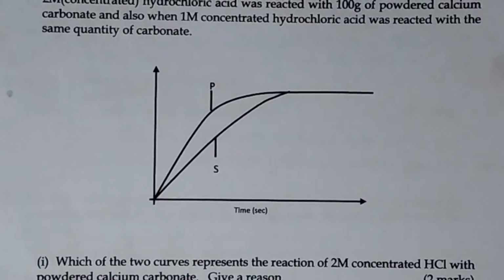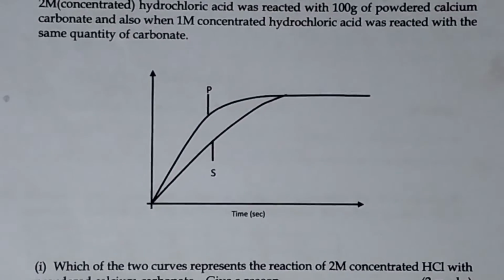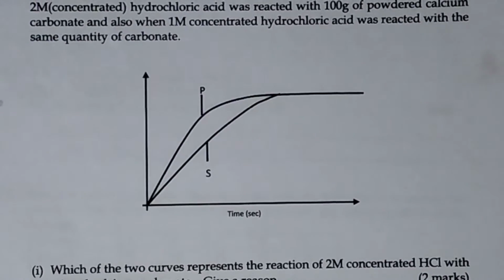They were reacting with the same quantity of powdered calcium carbonate, which was 100 grams. So we are dealing with factors affecting the rate of reaction, and the factor we are considering here is the concentration of the reactants, in our case the concentration of the hydrochloric acid. The concentration is higher in 2 molar than in 1 molar hydrochloric acid.